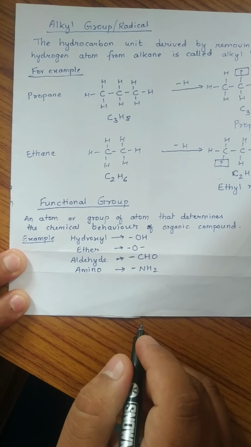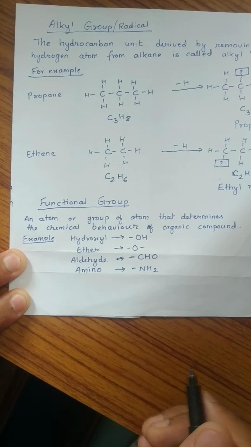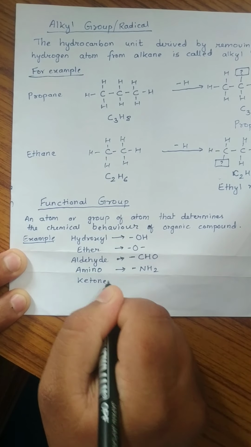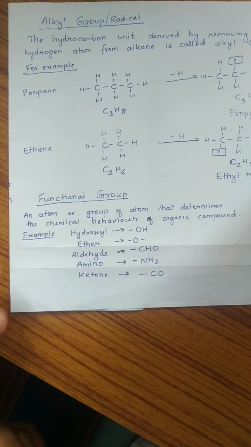And next, we can form a keto group, or ketone group, by adding CO in that empty place. So such functional groups can be added in those empty places of alkyl radicals, and a completely new compound can be formed.